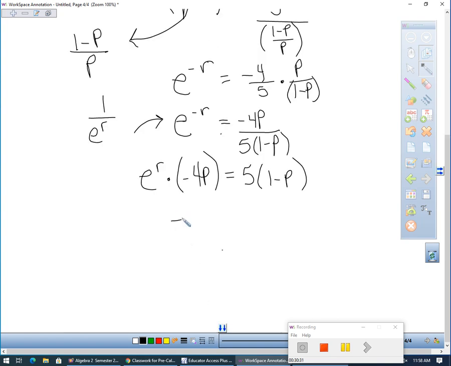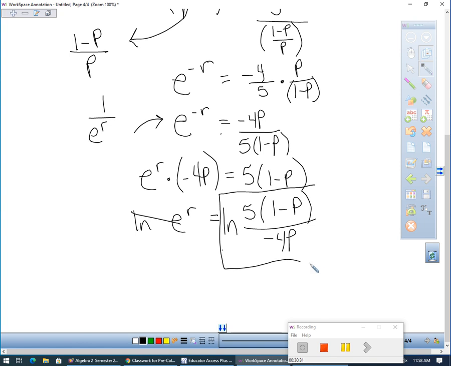So I have e to the r equals 5 times 1 minus p over negative 4p. And last but not least, to get rid of e, we put a natural log in front of both sides. Cancel, and that's our final answer. Now, there are other ways to get to the same answer. This was my easiest approach, but again, there's other approaches.